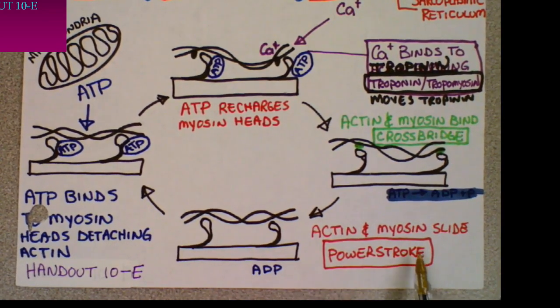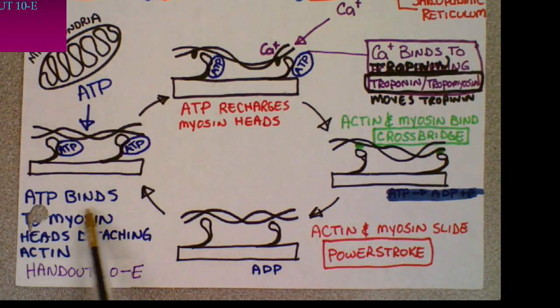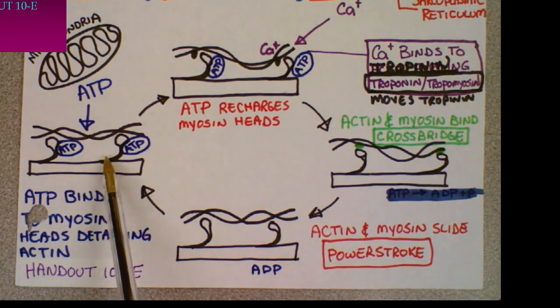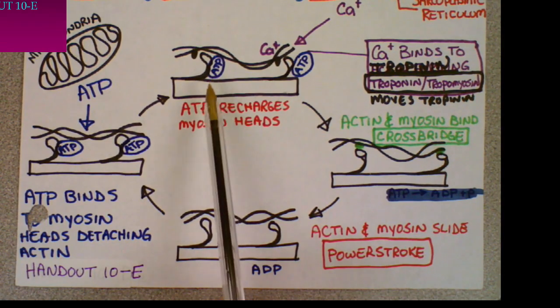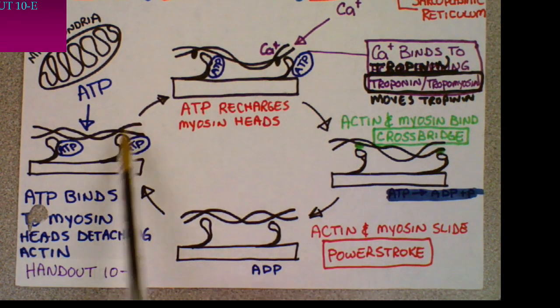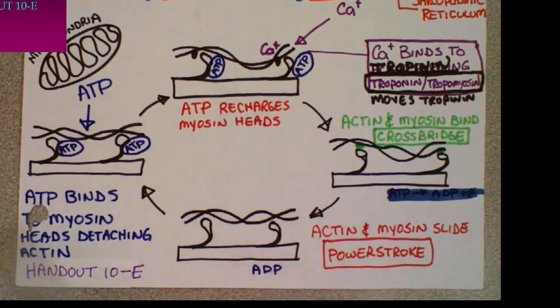That's called the power stroke. When that happens, we use the energy. A new ATP from the mitochondria has to jump on. That breaks the myosin from the actin, causing the whole thing to relax, and we're back to the first picture. So we just have this cycle running over and over and over again as long as we've got ATP and as long as we have calcium.